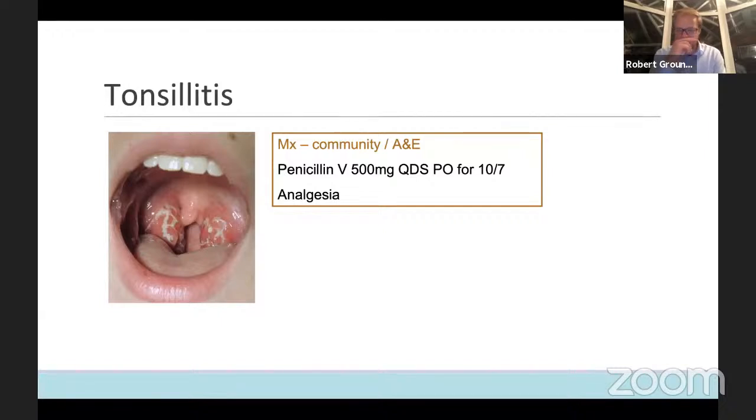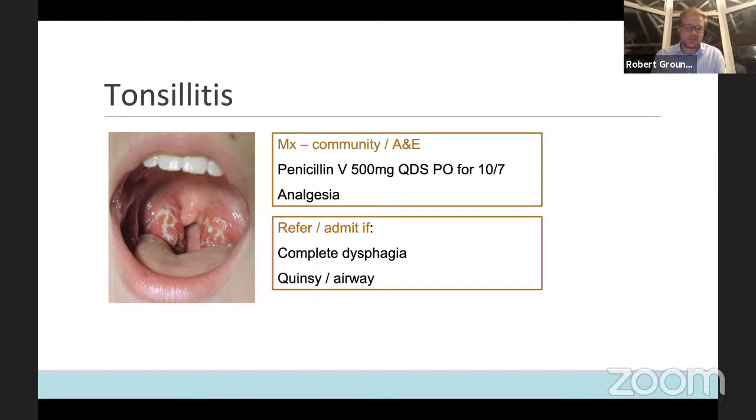The other question that jumps to mind is the choice here about penicillin. We tend to give penicillin in preference to amoxicillin for sore throat because tonsillitis can be caused by viral causes or by bacterial causes.